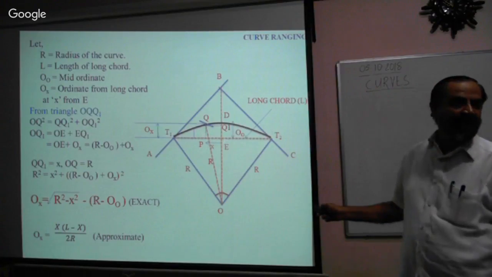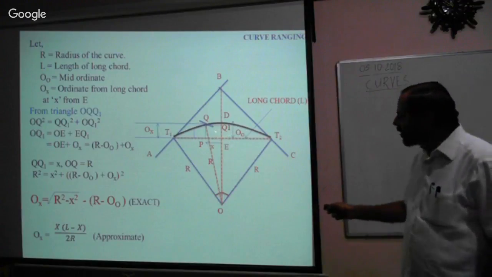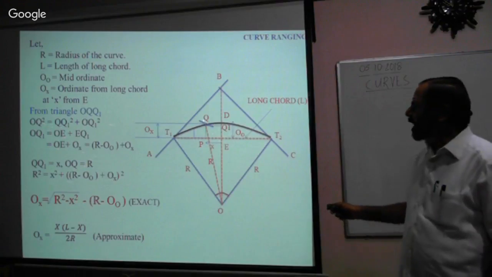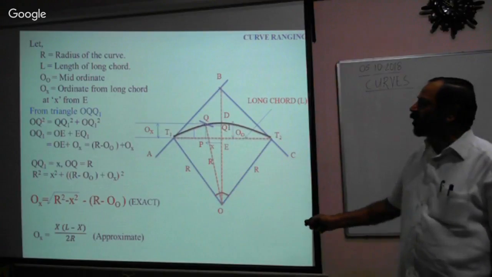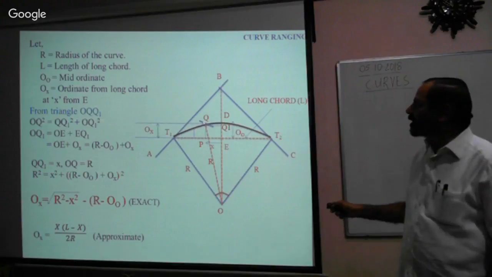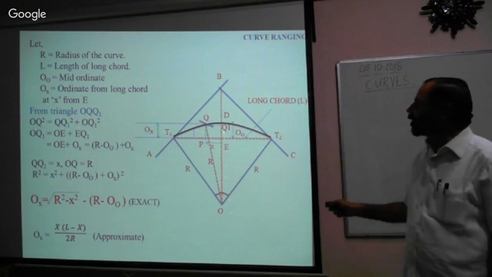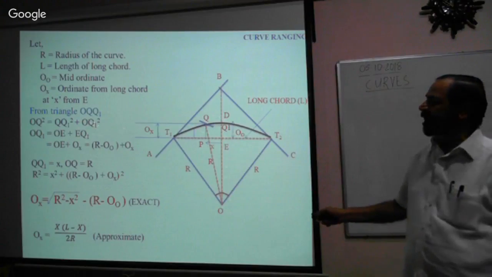Now let us apply the Pythagoras theorem again. OQ is the hypotenuse. So OQ square is equal to QQ1 square plus OQ1 square.